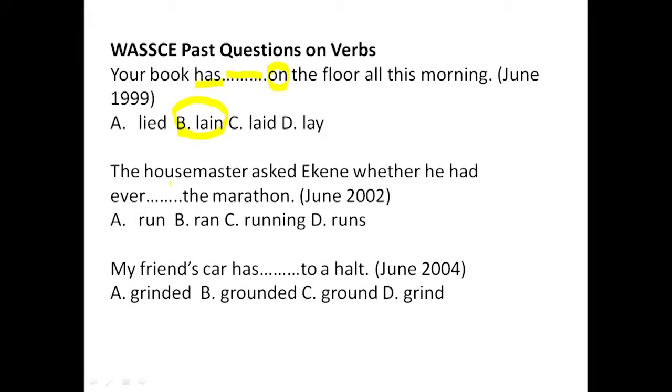We come down to the second question. The housemaster asked Ikene whether he had ever blank the marathon. June 2002. We are being tested on the past participle form of the verb run.